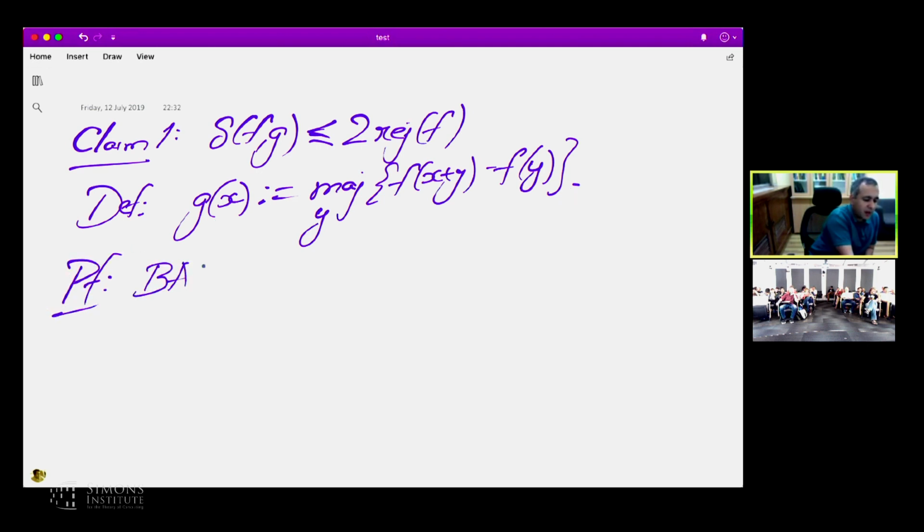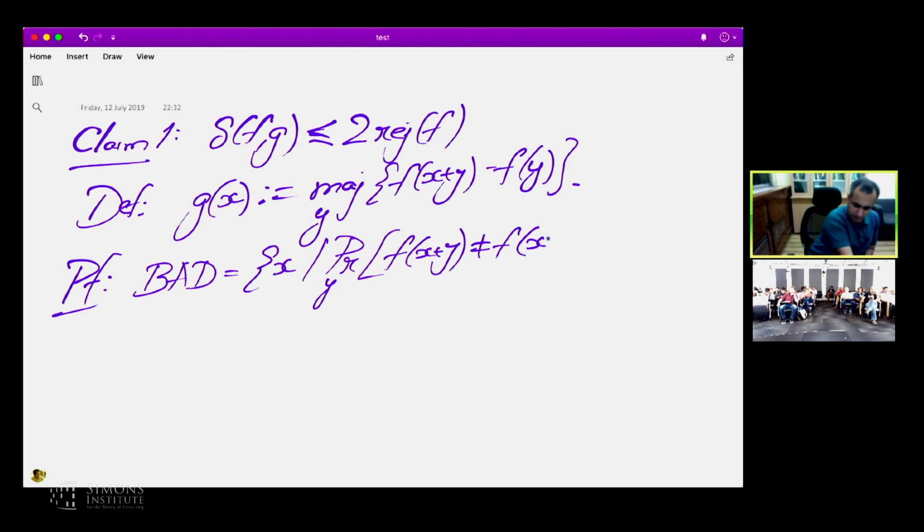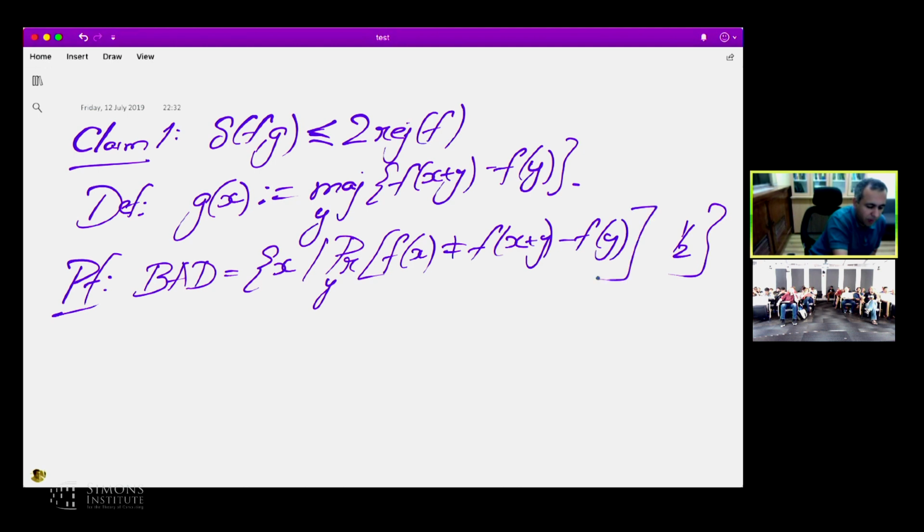So how does one prove this? Let's define the set bad to be those elements x for which this happens with probability less than half: the probability over y that f of x is not equal to f of x plus y minus f of y is less than half.